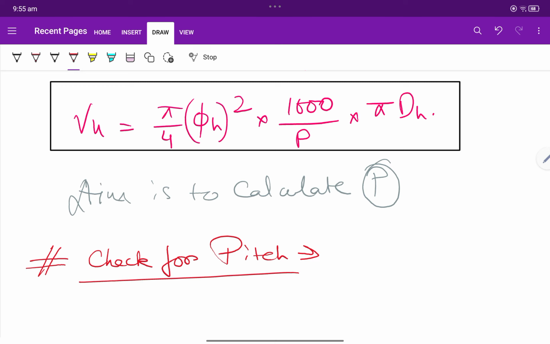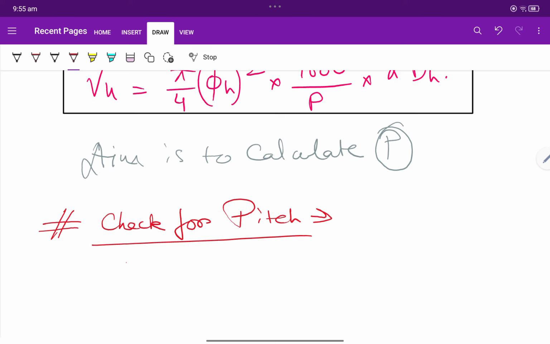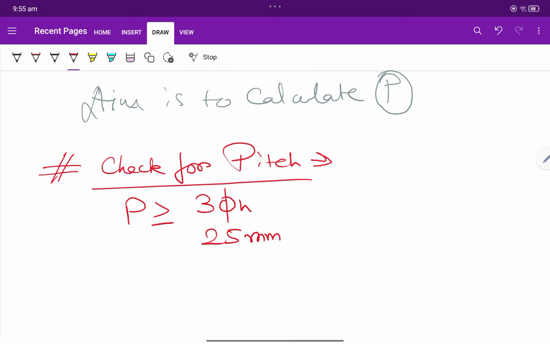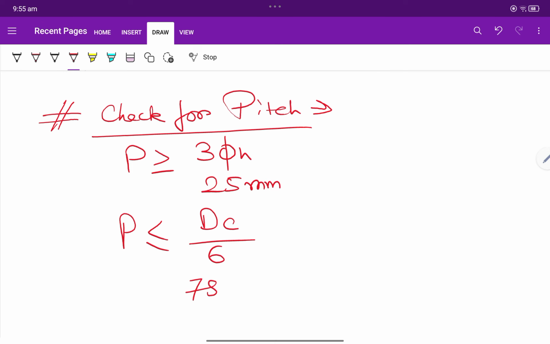The pitch should be greater than or equal to 3 times the diameter of the helical bar, or 25 mm, and the maximum is p should be less than or equal to dc by 6, or 75 mm.